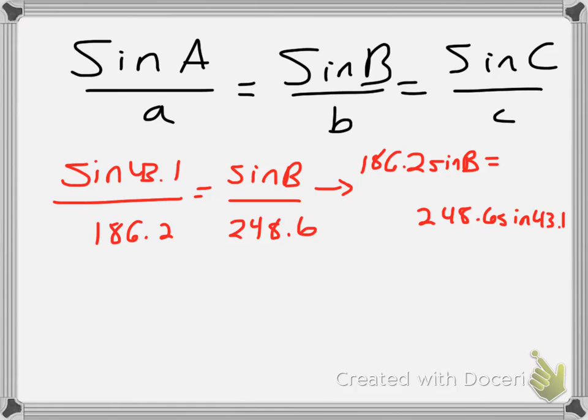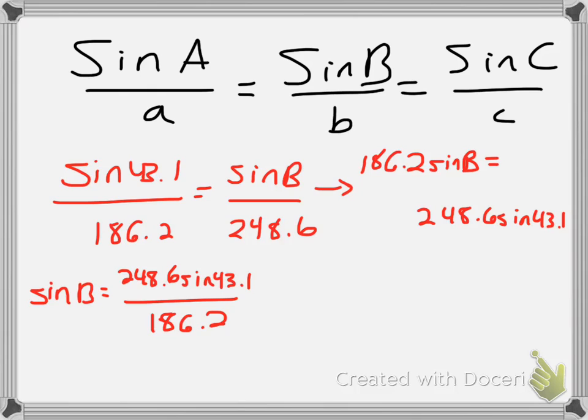So when I solve, I'll say sine of B is equal to 248.6 times sine of 43.1 all over 186.2. And to find my angle, I'll take the inverse sine of this whole expression.